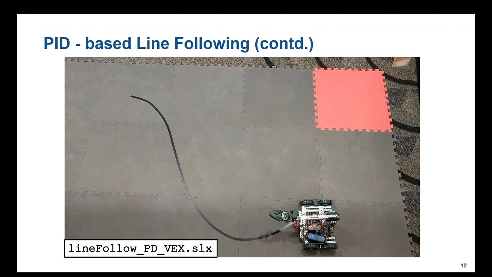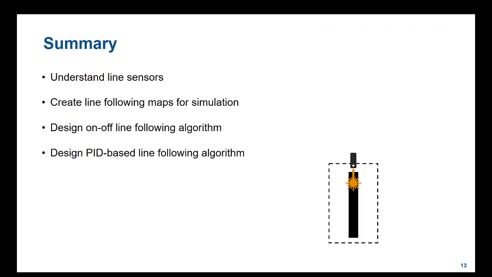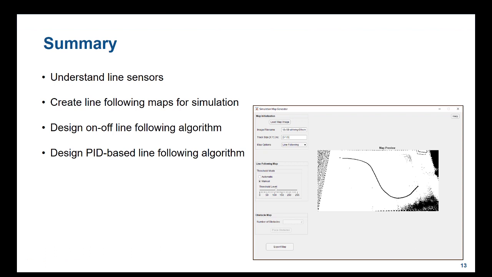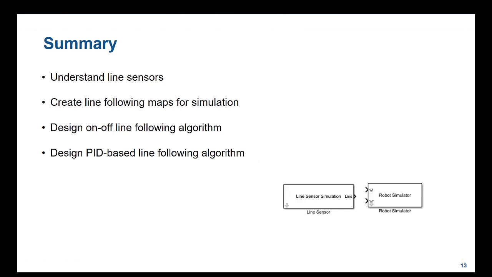To summarize, we saw the basics of line sensors. We then learned how to create line following maps for simulation using Simulation Map Generator. We also looked at how to use the line sensor and robot simulator blocks to visualize our simulation.